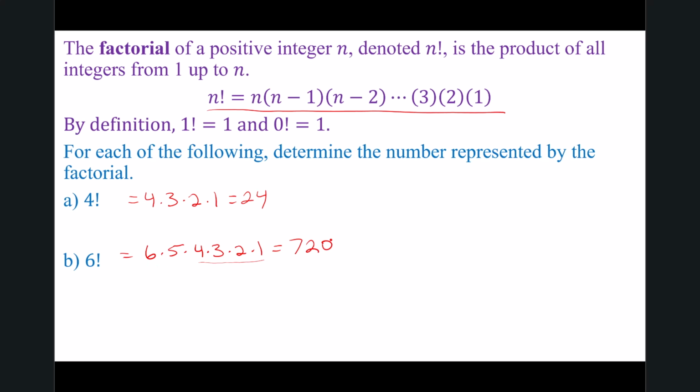Now there is a button on your calculator somewhere for a factorial. So somewhere there's some exclamation point. It might be a second function. It might be under the probability menu. You can find it for your specific calculator. But if we wanted something like 29 factorial, that would take a while to do without just that factorial button.